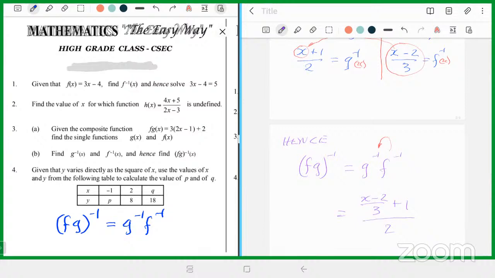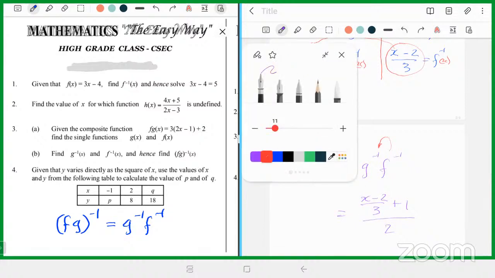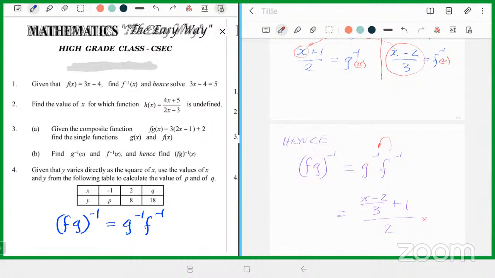If we were to simplify it to get rid of this fraction, we can quickly multiply the numerator by 3. But if we multiply the numerator by 3 to eliminate this fraction, we also have to multiply the denominator by 3. So it's almost like we're multiplying by 1, so we're not changing the value of that expression.